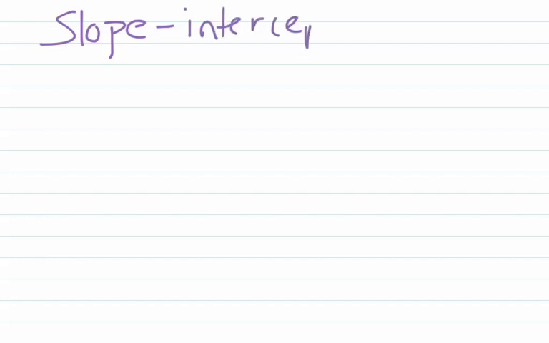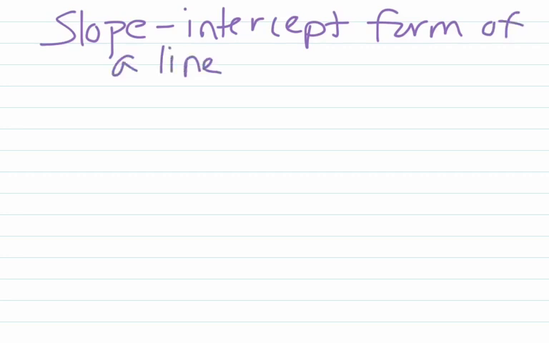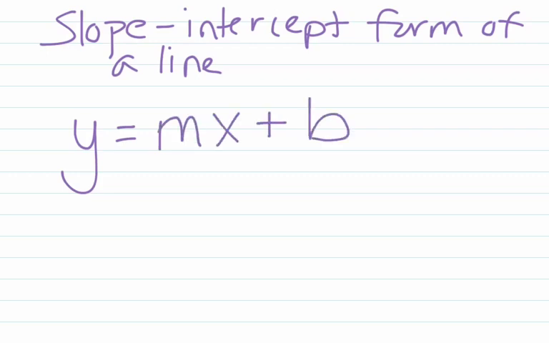Sorry. Okay, so slope-intercept form of a line. And it is this: y equals m times x plus b, where m is the slope.